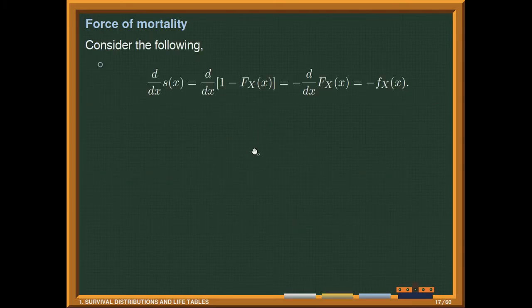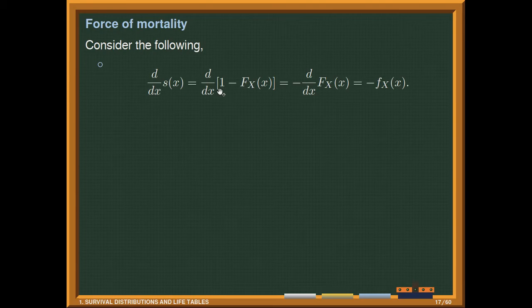Now let's consider the following. If we want to get the derivative of the survival function, that would be the same as getting the derivative of 1 minus the CDF of x, since the survival function of x is equal to 1 minus the CDF of x.